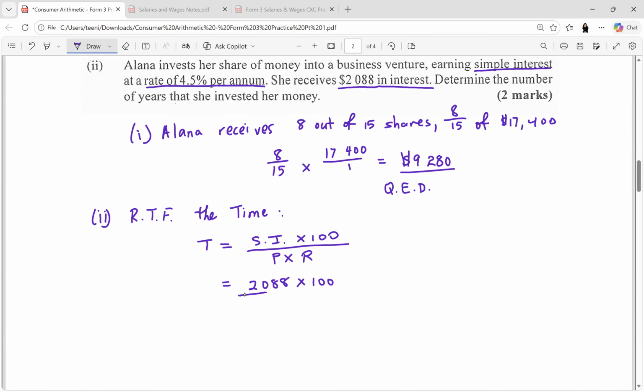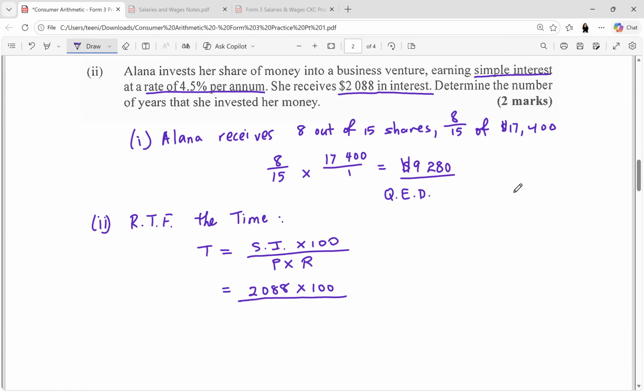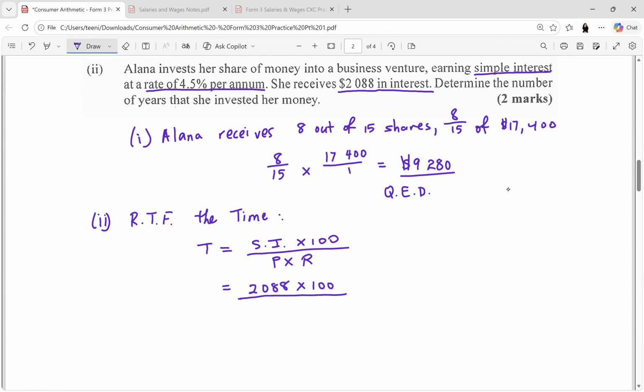The principal is... No, 9,280. Yes, correct. Because that's her share of the money. So that'll be 9,280. And then the rate is 4.5. Good.